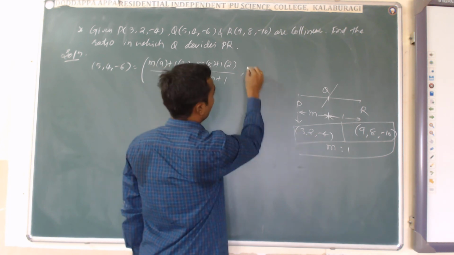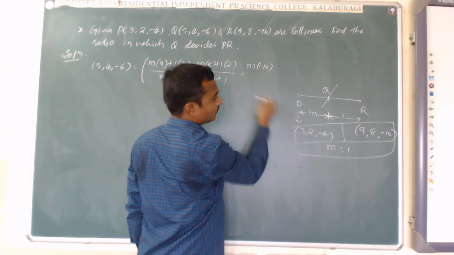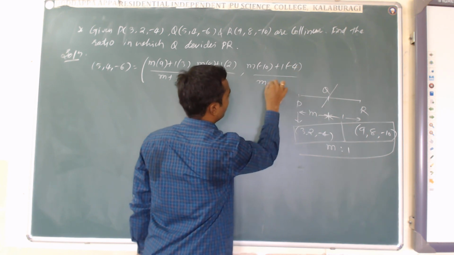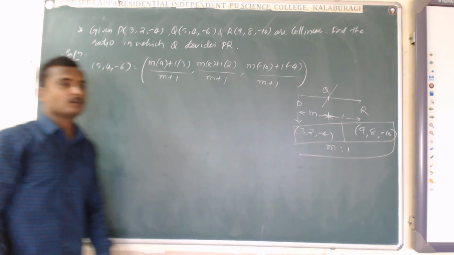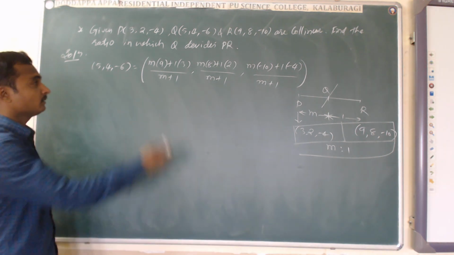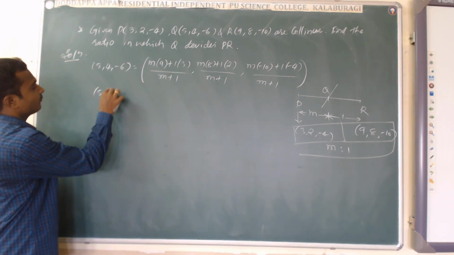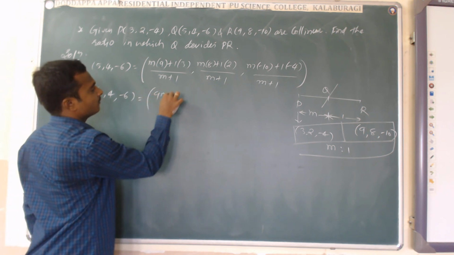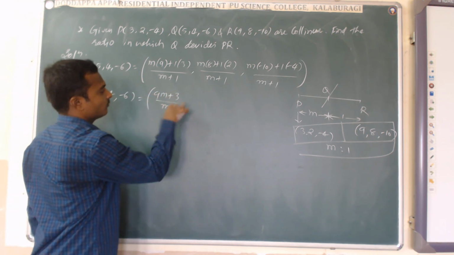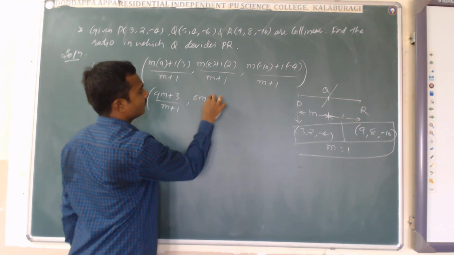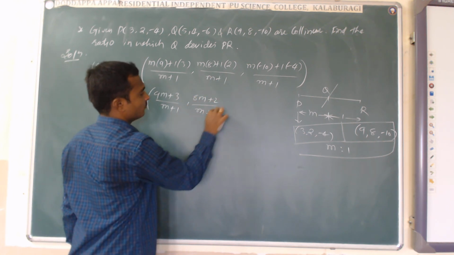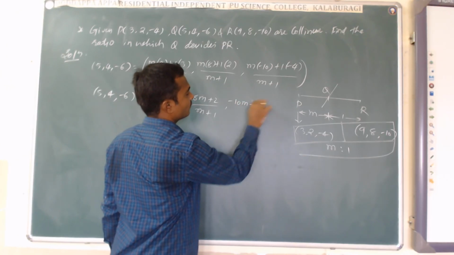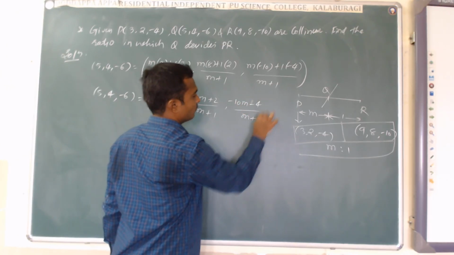Next one is m z2 plus n z1 by m plus 1. Keep the 5, 4 and minus 6 as it is. Simplify this, it becomes (9m plus 3) by (m plus 1), (8m plus 2) by (m plus 1), and here (minus 10m minus 4) by (m plus 1).